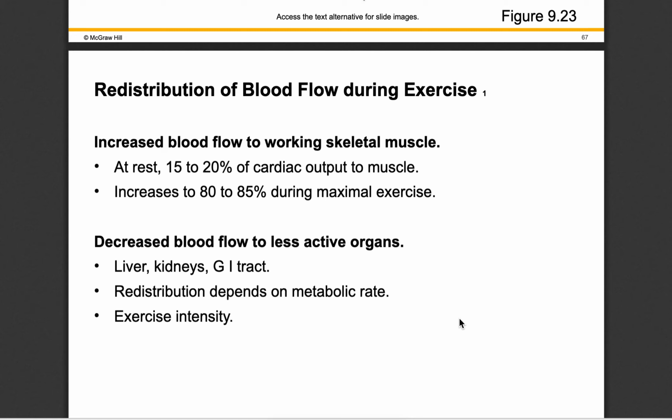So 15 to 20% of the blood you're moving right now through your body is going to your skeletal muscles. During maximal exercise, about 80 to 85% of the blood your heart is moving goes to your muscles, showing you how much of a demand it has.